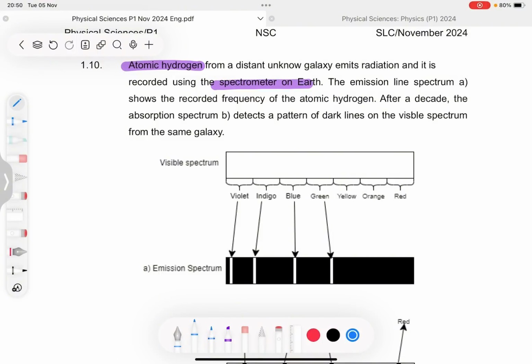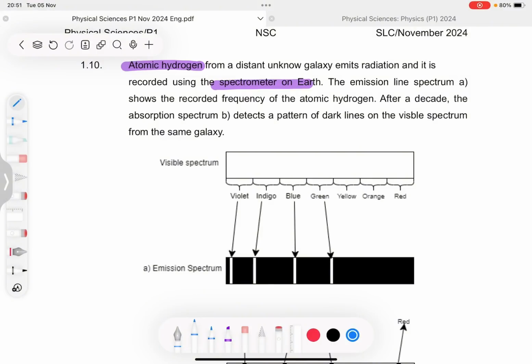Now, we then have an emission spectrum on A that shows us what has been detected from this distant galaxy. Now, before we go to that absorption spectrum, the emission spectrum I meant to say, I just want to look a bit at the visible spectrum here because it will help us to answer this question. The visible spectrum basically shows the rainbow colors: your violet, indigo, blue, green, yellow, orange, and red.